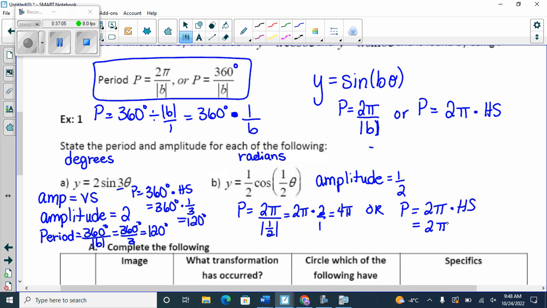Is there ever a time when my horizontal stretch does not flip from the b value? No, there's never a day. So if you are taking the horizontal stretch and you're not flipping it, you're wrong. Like you're not like, well, maybe this time I'm right. No, wrong. Okay? Horizontal stretch always flips. If you're like, I wonder if it always flips. Okay? So we're going to multiply by 2/1, which is 4 pi. Same answer. We agree? Okay.